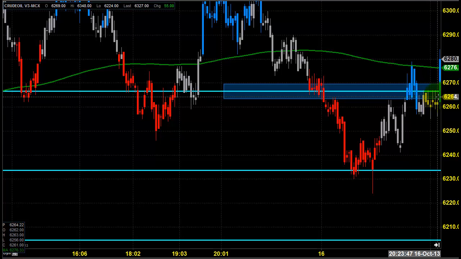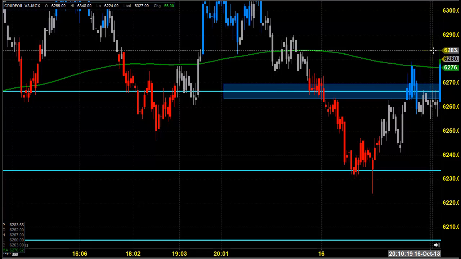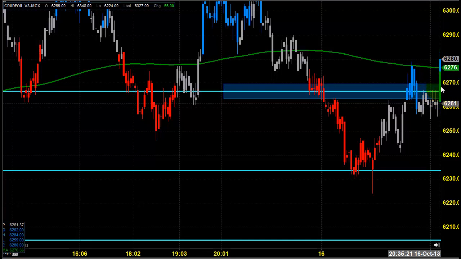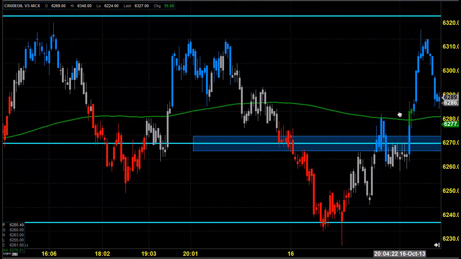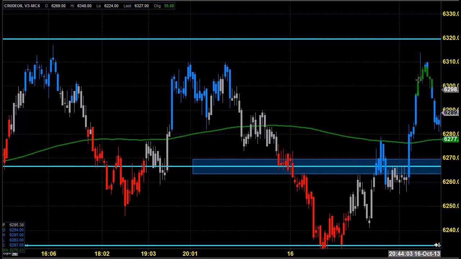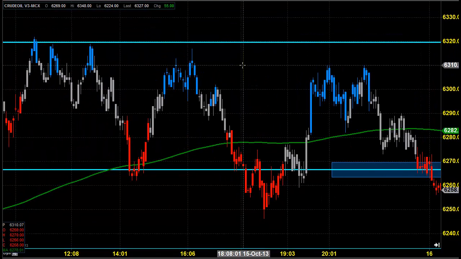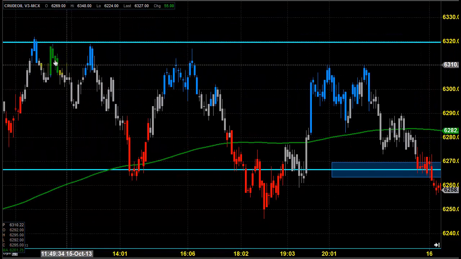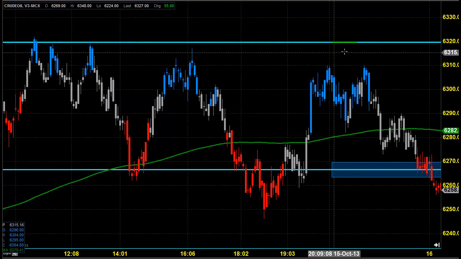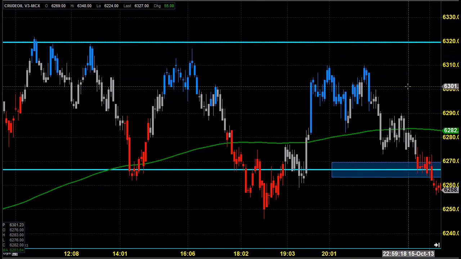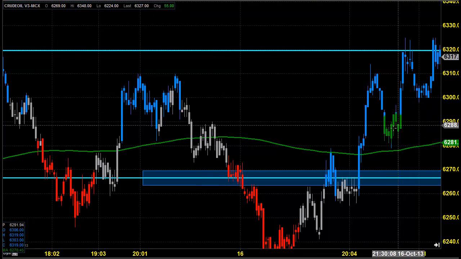At 6260, it tried to provide a breakout with a single straight candlestick. After that, you know that the price went up till 6313, because we know it is a resistance, because on October 15th the price was struggling to break 6320.